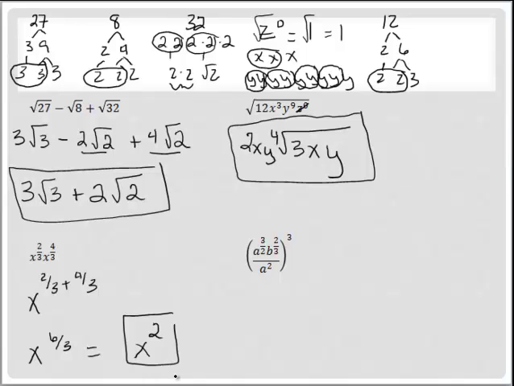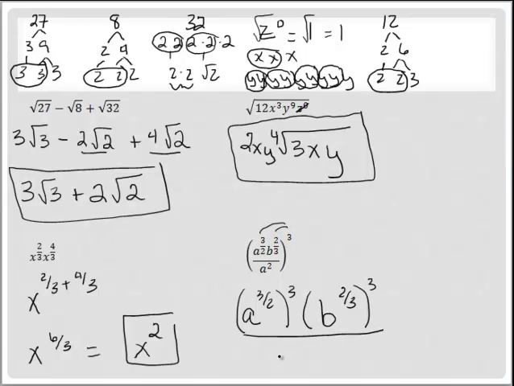Remember, whenever you have a product raised to a power, you raise each of them to that power. And when you have a power to a power, you multiply the powers. So we're going to have a to the 3/2 cubed, b to the 2/3 cubed, all over a squared cubed.